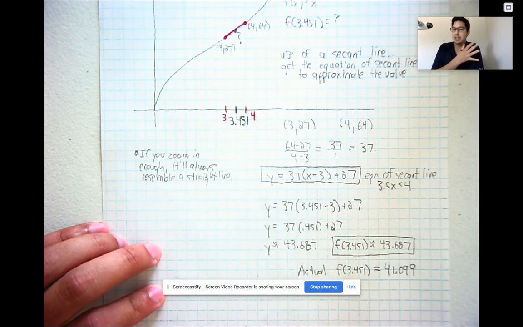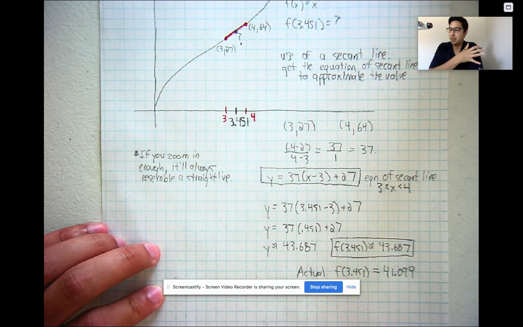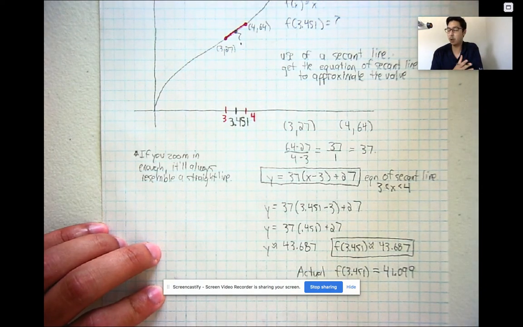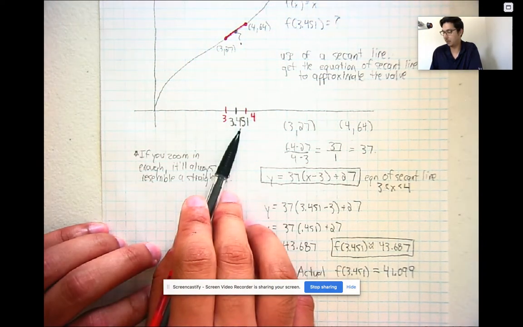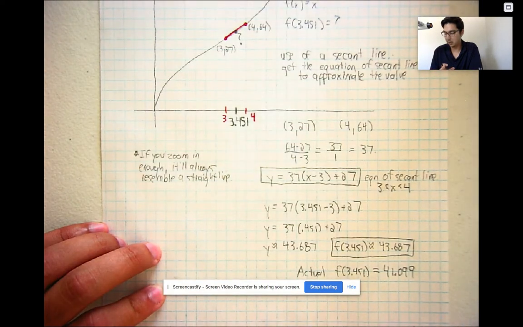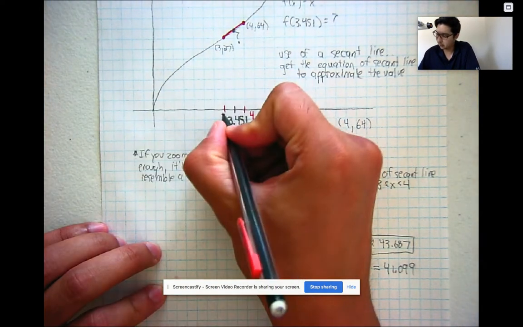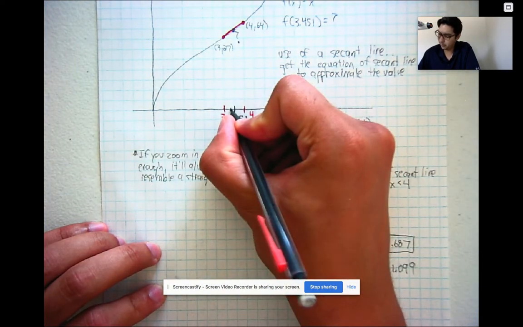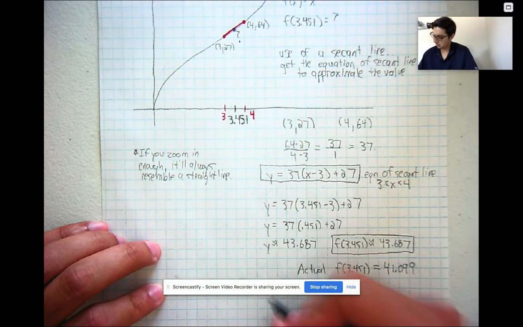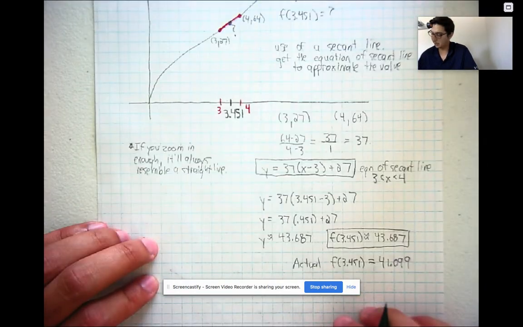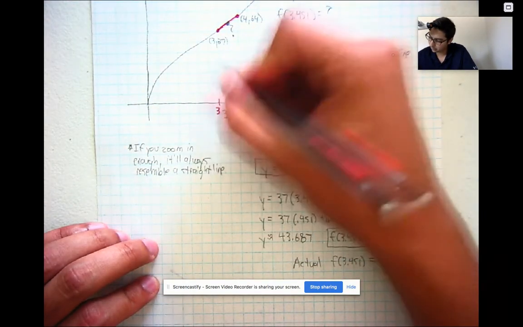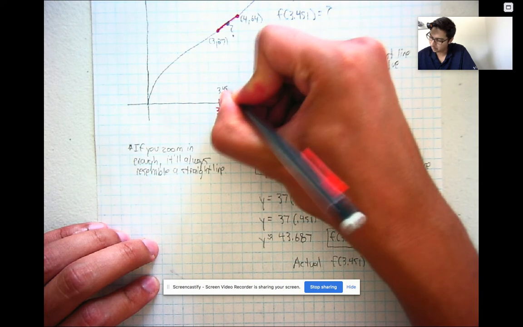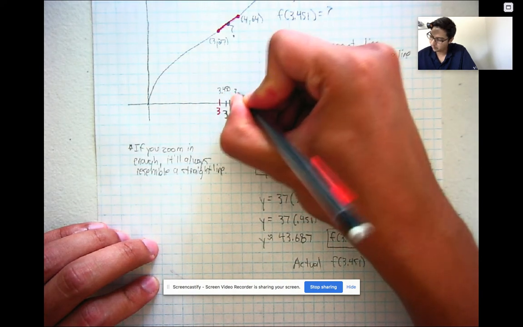Because remember, I was trying to teach you where this comes from, the history of it. Where 3 and 4 are easier numbers to work with than 3.451. But truthfully, what's going to happen is if we get closer and closer, so instead of 3 and 4, what if we did 3.450 and 3.452?